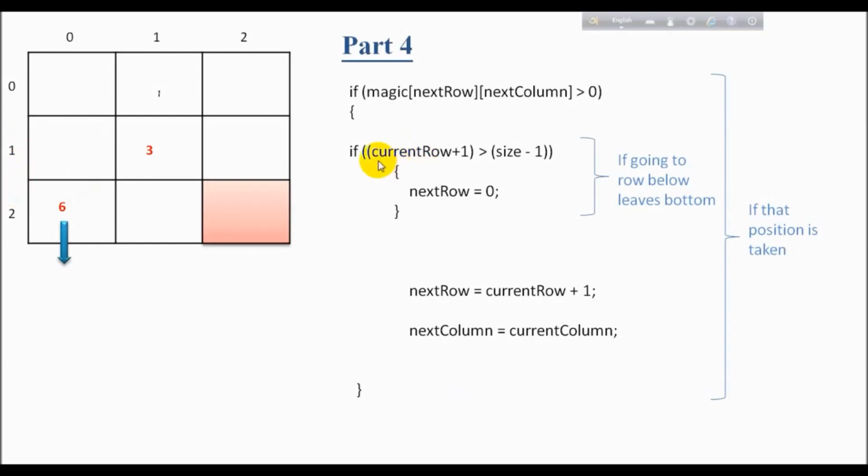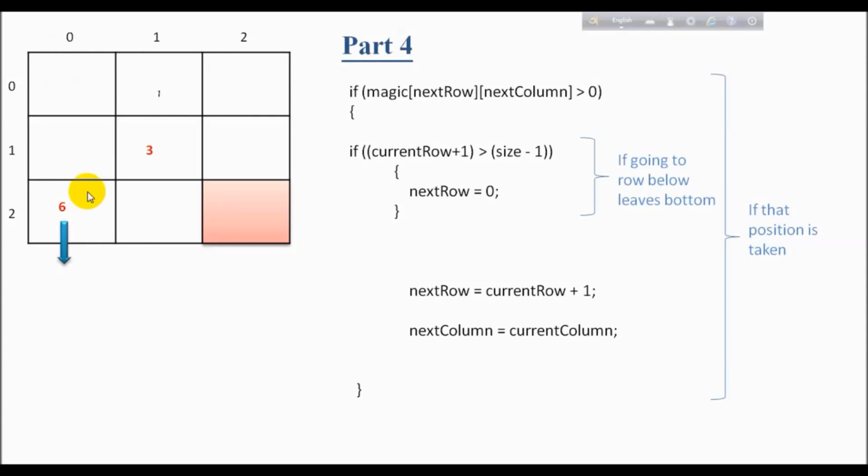So here it says if increasing the current row number by 1 gets bigger than size minus 1, that means the last row number, we will set the next row to 0. That means our first row. Then our next row will be the first row. So basically we are going out from the last row, then we will enter from the first row.